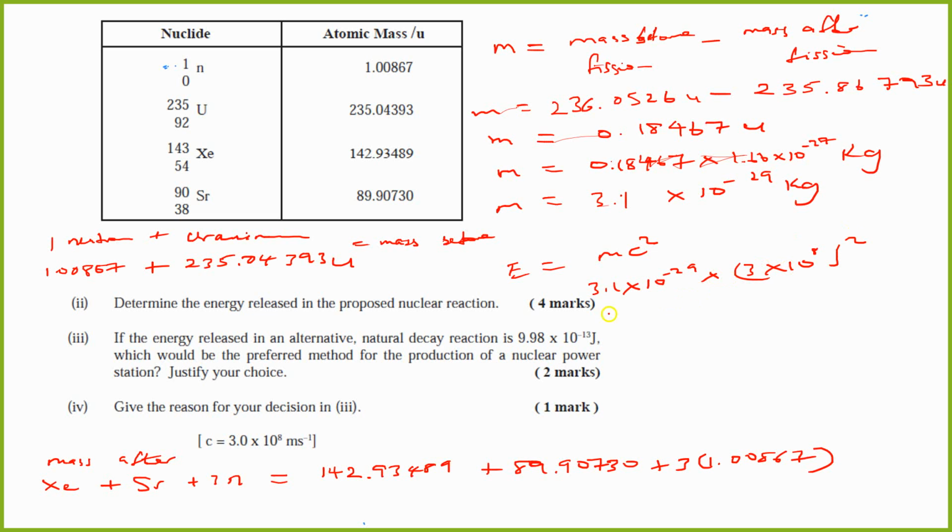All right, so the answer I'm getting, E is going to equal 2.76, for argument's sake, times 10 to the minus 11 joules. All right, that's what we're getting so far.